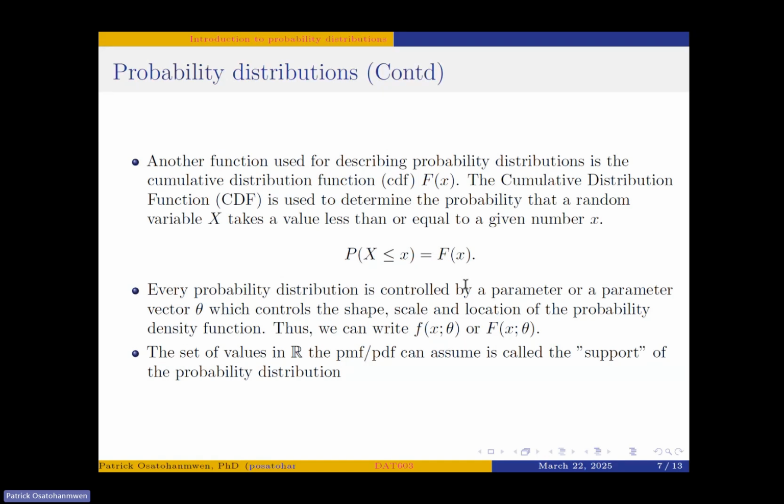These parameters determine the shape, the scale, and the location of the probability density function. What do I mean by that? You see, probability distributions are models, and there are various ways we can specify these models. The differences in the model formulation of various probability distributions are determined by how we parameterize them, and of course, their structural forms.